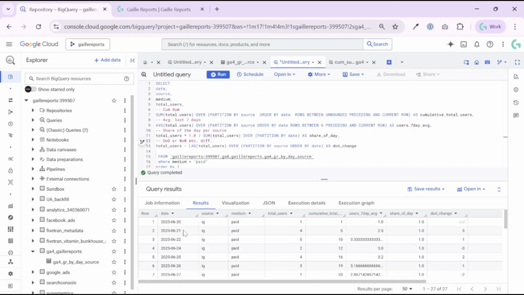But on 21st of June, we had 4 users, and before we had 1, so 4 minus 1, we received 3. So day over day for the 21st means we got 3 more users than the day before. The next day we received 4 users, 1 user more than the day before. And then we received 2, which is 2 users less than the day before.